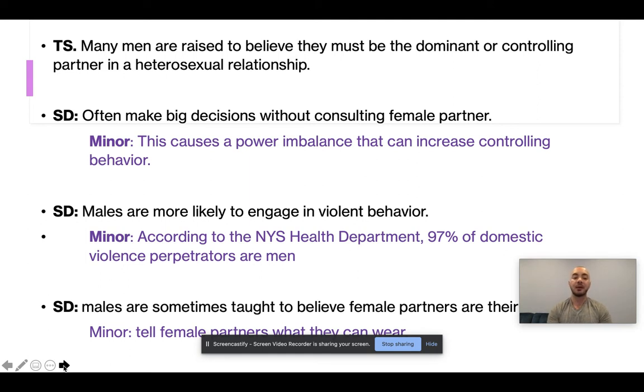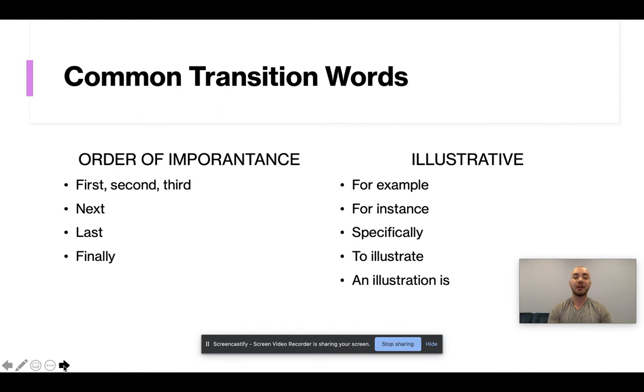When we begin to put an illustrative paragraph together, it's important for us to use transition words. And some of the most common transition words you'll use when you're writing illustratively are what we call order of importance words and also illustrative words. Order of importance words introduce your major ideas in a paragraph or an essay.